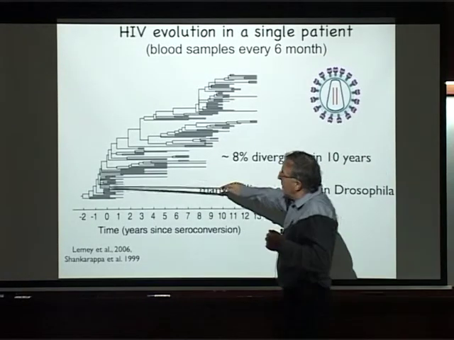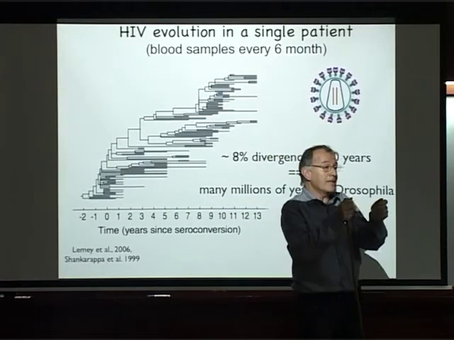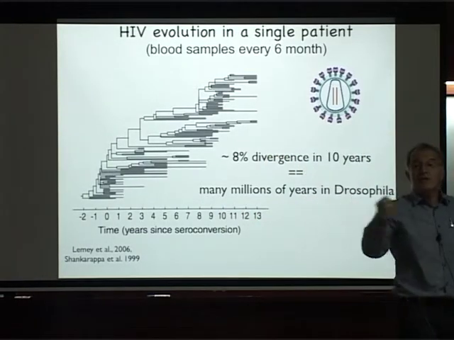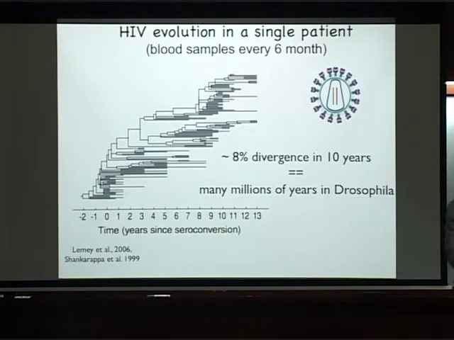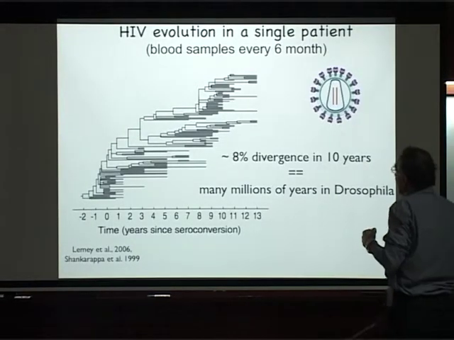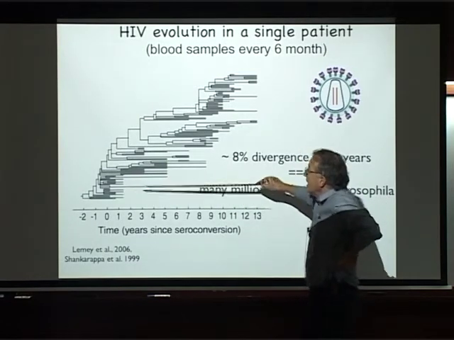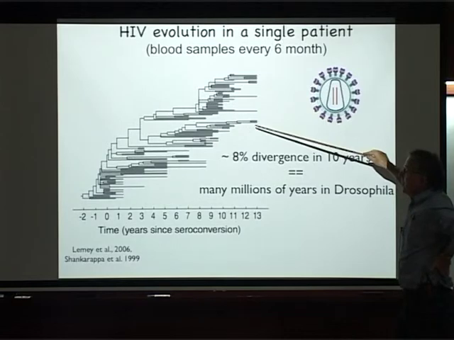And here, the tree is basically constructed on the basis of pairwise distances. There are many canned algorithms that will construct trees if you give them sequences. But the interesting thing here is that what we see are not just the leaves.